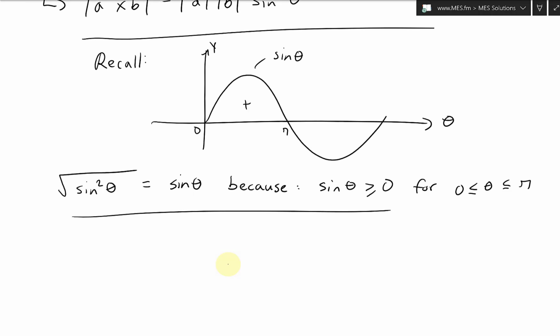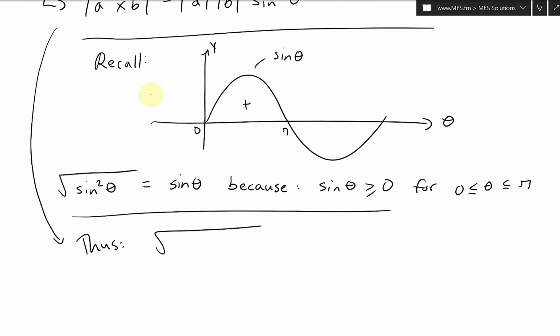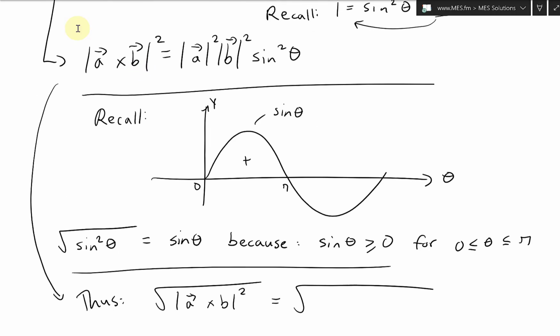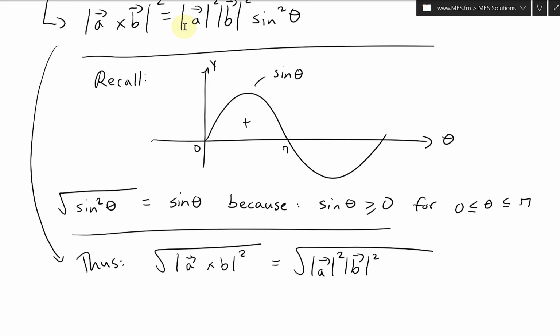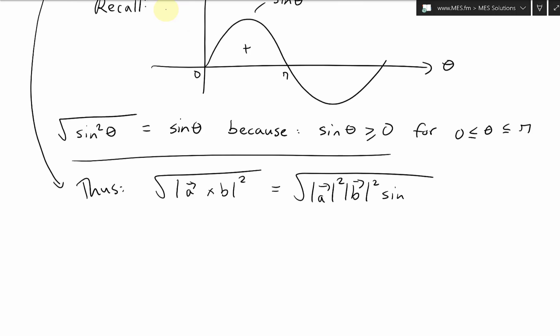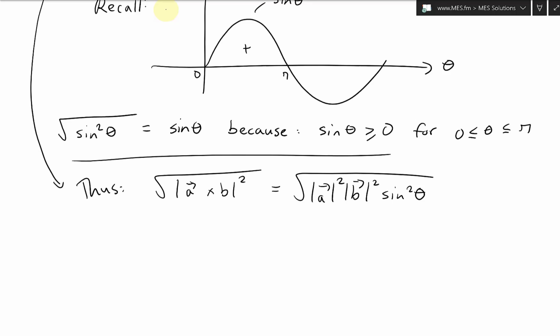Thus, taking the square root of the length of a cross b squared equals the square root of the length of a squared, length of b squared, and sine squared theta.